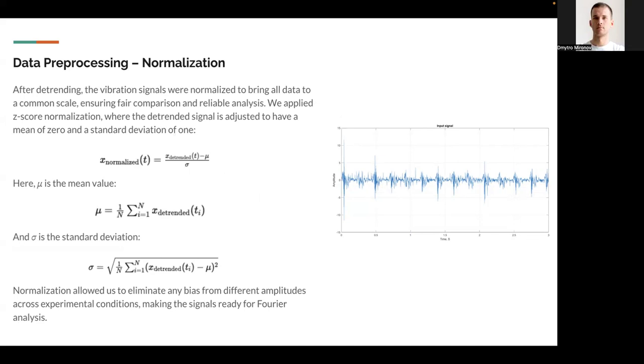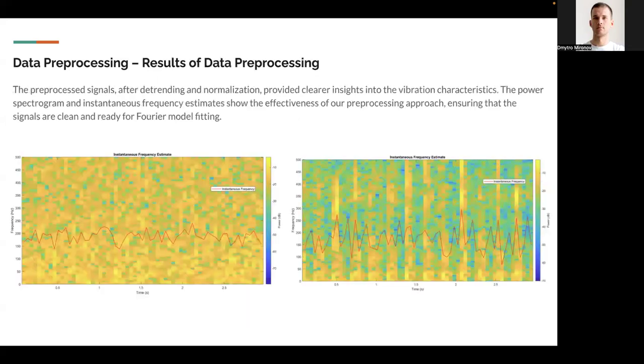Normalization allowed us to eliminate any bias from different amplitudes across experimental conditions, making the signals ready for Fourier analysis. The preprocessed signals after the detrending and normalization provided clear insights into the vibration characteristics.